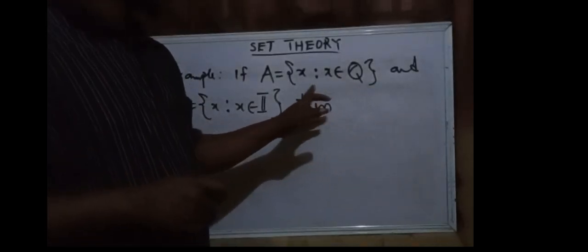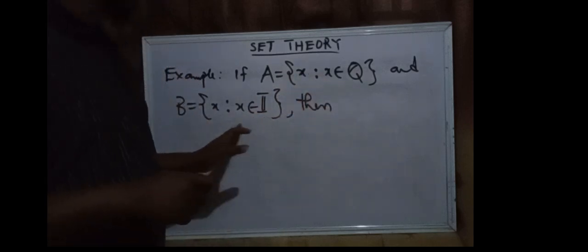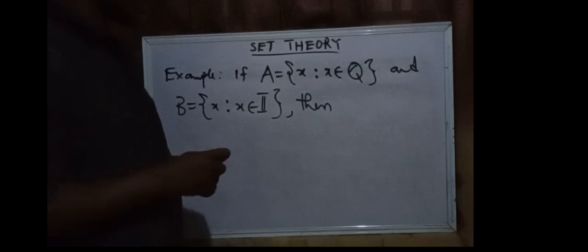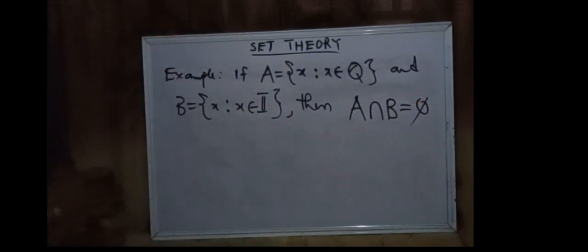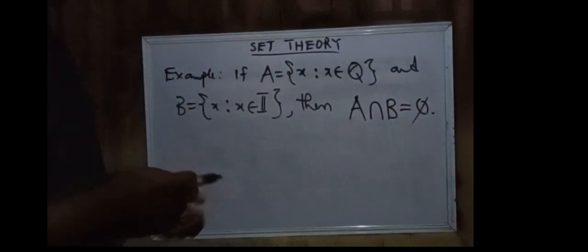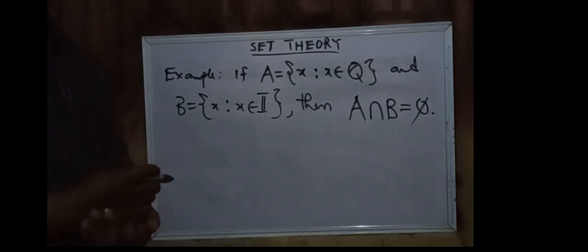Okay, so as we have said in our previous example, this set contains the set of rational numbers and this set contains the set of irrational numbers. So in this case, A intersection B is disjoint. So these are how we make use of the intersection of two sets.